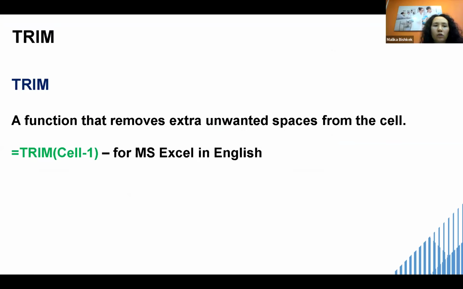There is also a trim function that removes extra unwanted spaces from the cell. Just go to trim and select the cell that you want to change. It will remove unwanted space. It's very convenient.